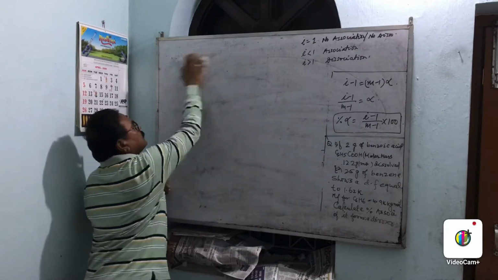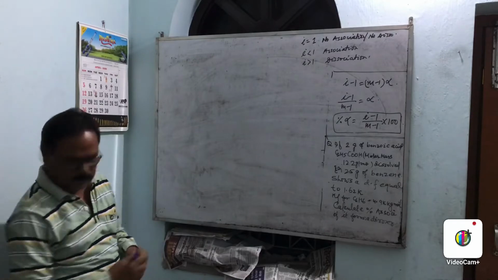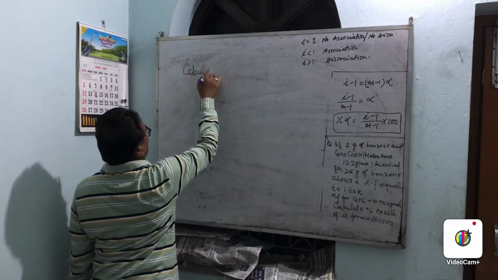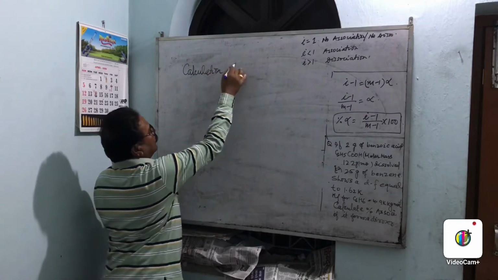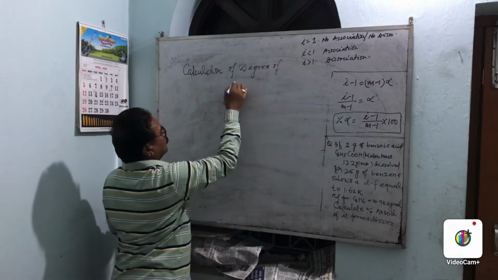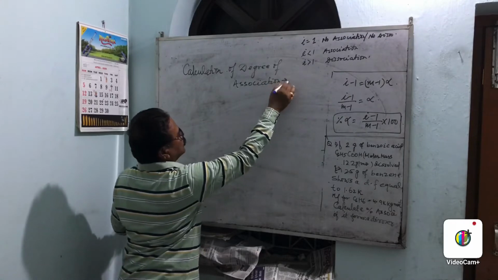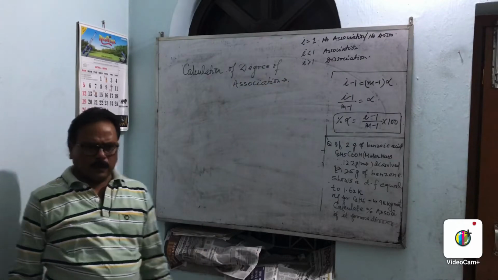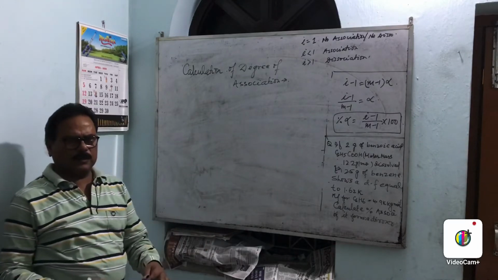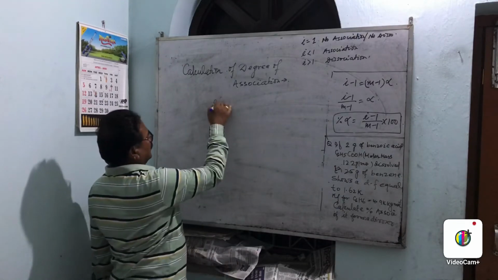Another topic is calculation of degree of association. Consider, what is the association? That is the fraction of the molecules associated. It is also represented by alpha.